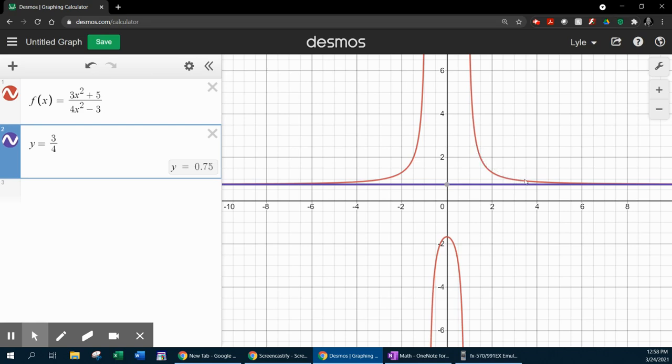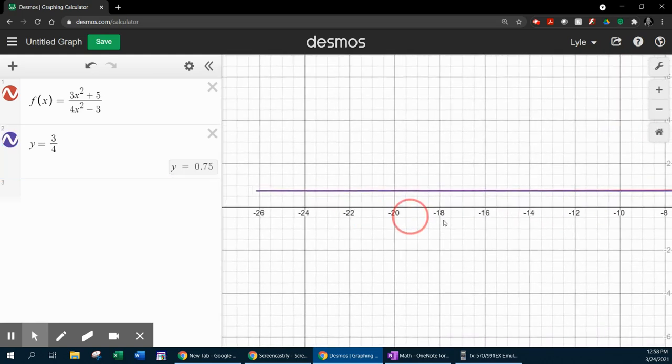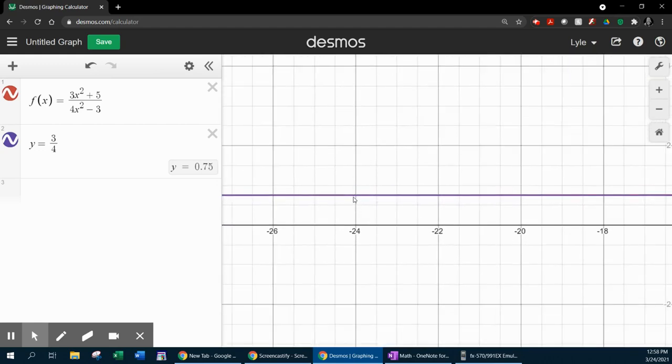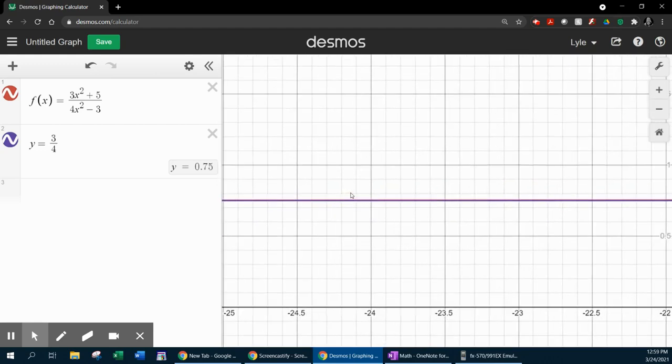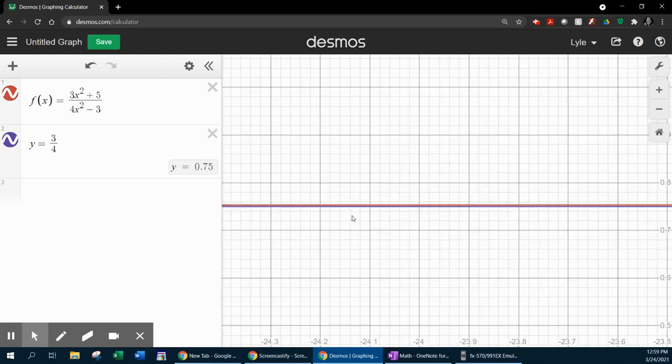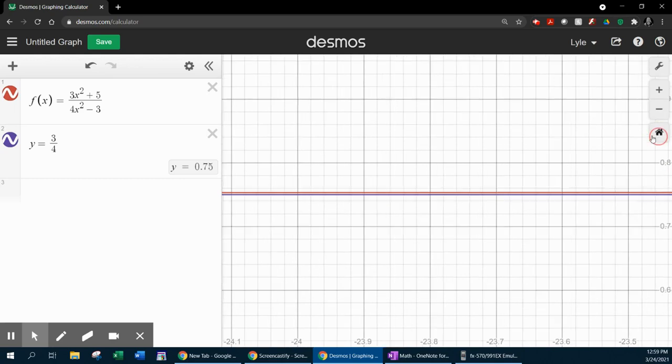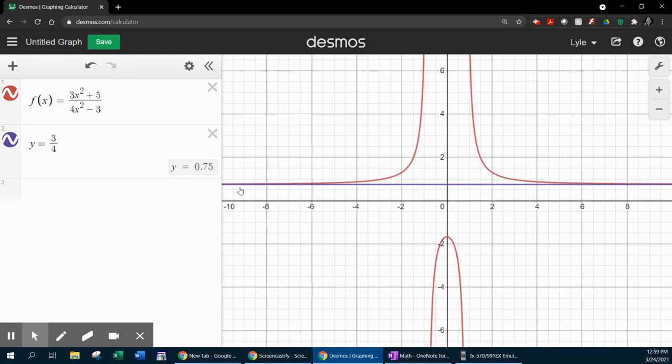The red graph is approaching the purple graph on both sides. And again, the farther I go out, the closer it appears to get. It appears to get to it. But if I zoom in enough, you're going to see that it's still not touching. And so that verifies that what we got for a horizontal asymptote is correct.